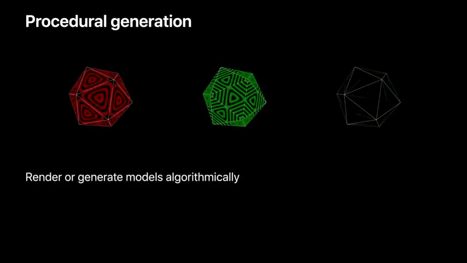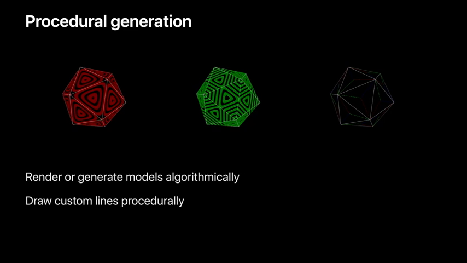Procedural generation is a class of techniques used to algorithmically generate models, animations, and effects. You can do all sorts of procedural effects on the surface of the primitives, such as particle systems, terrains, or vegetation on the fly. Drawing custom lines is one such example. Let's take a look at how barycentric coordinates can be used for this.